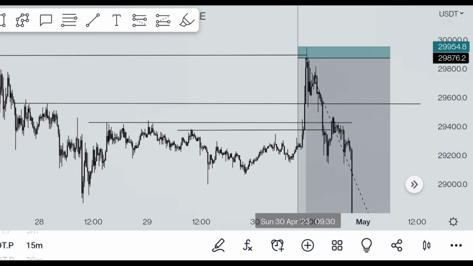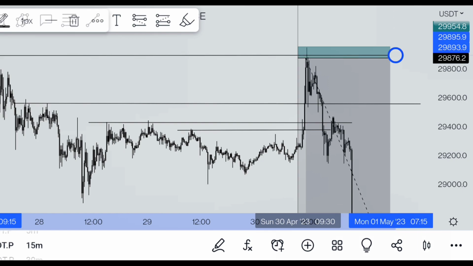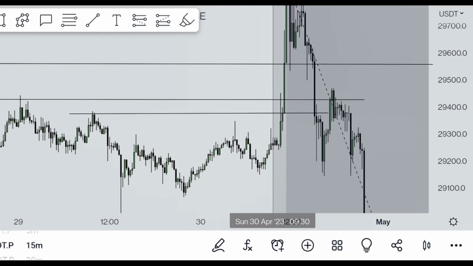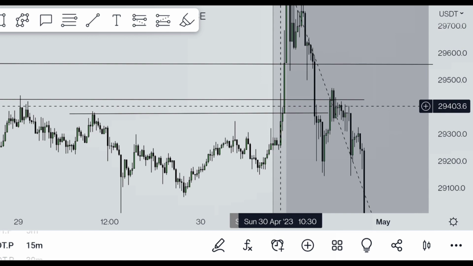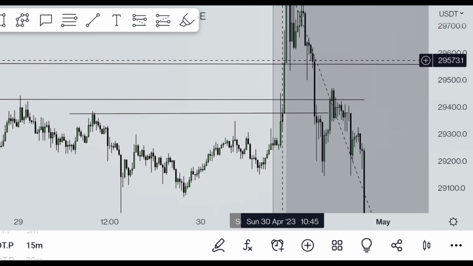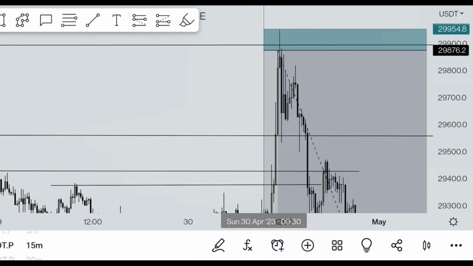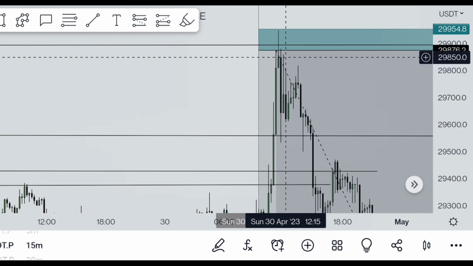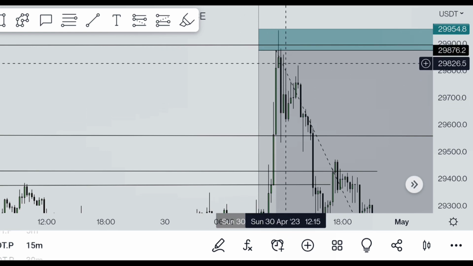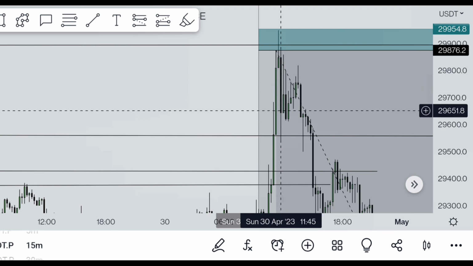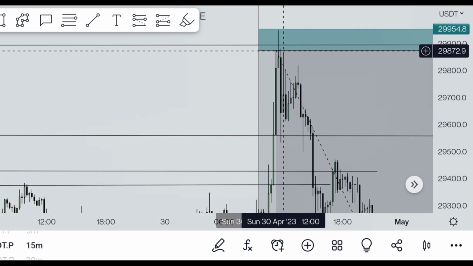You can see on the 15-minute there is no order block. Still there is no order block here, no order block here, but when we sweep this high we get an order block on the 15-minute, but it has come down and I took my short here.